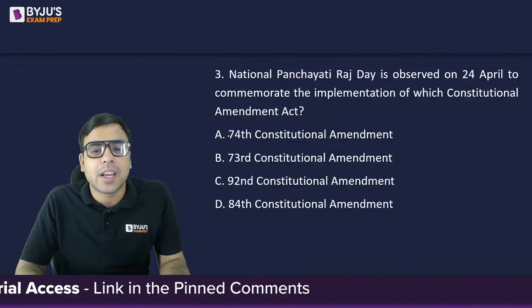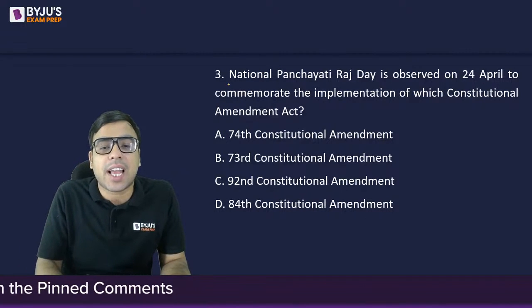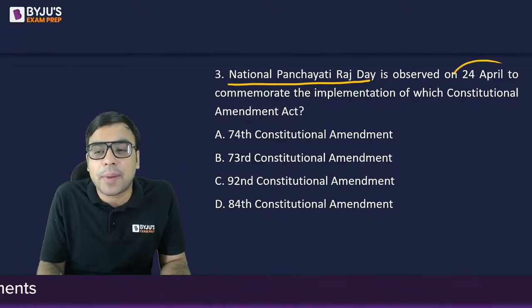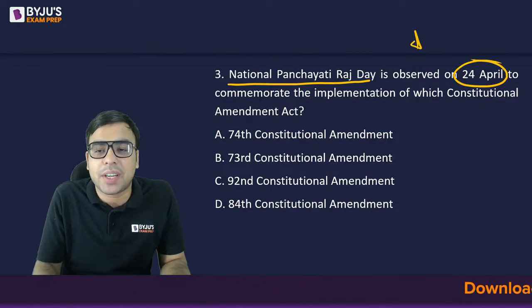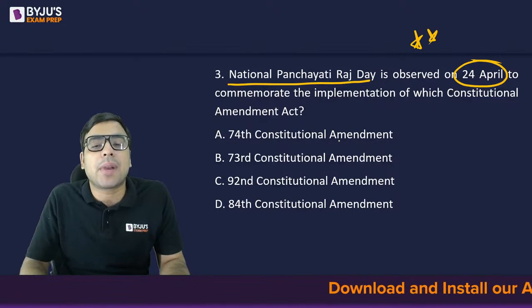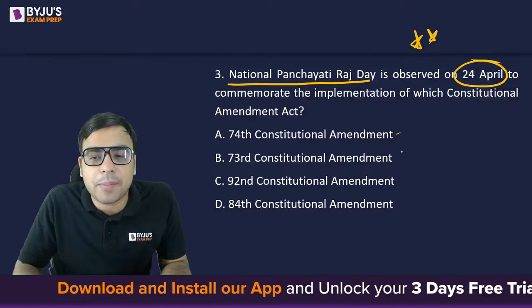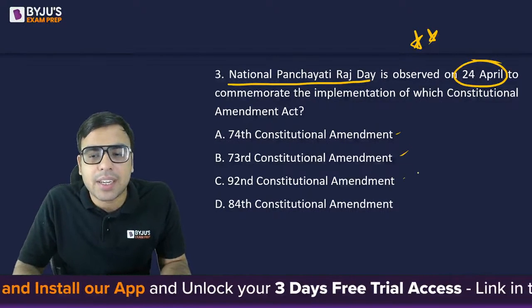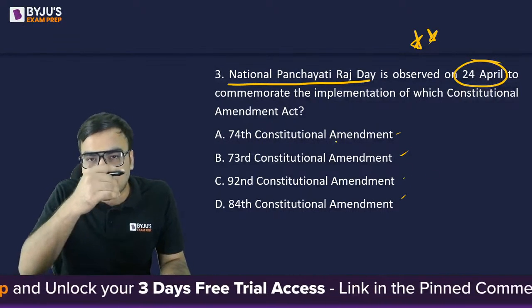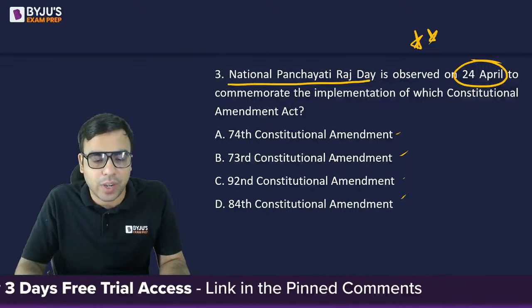So you should be knowing it. The next one is National Panchayati Raj Day is celebrated on 24th April. This is very, very important. To commemorate the implementation of which of the following constitutional amendment? 74th Amendment, 73rd Amendment, 92nd Amendment, 84th Amendment. What is the right answer to this question?